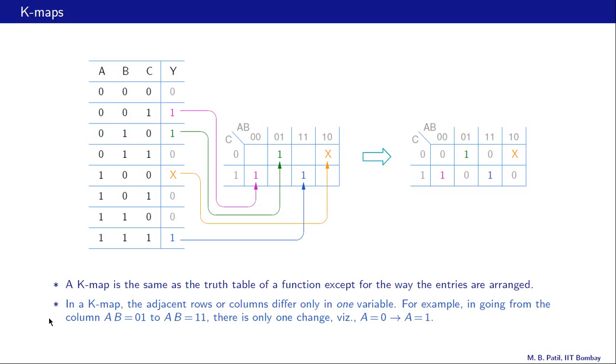So therefore we need to pay attention to this very carefully. In a K map, the adjacent rows or columns differ only in one variable. For example, in going from the column AB equal to 0, 1, this one, to AB equal to 1, 1, there is only one change, and that change is in variable A. Similarly, when we go from 1, 1 to 1, 0, there is a change in B, only one change, and so on.